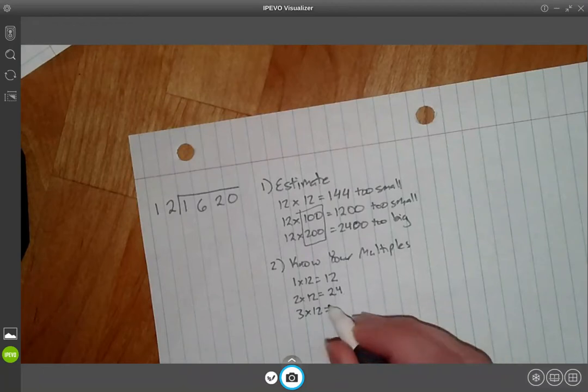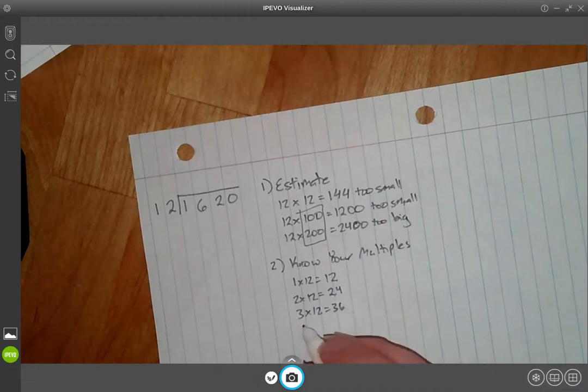So 24 plus 12 more would be 36. 4 times 12 would be 48. 5 times 12 is 60. And again, my multiplication table, if it's handy, then I'm going to just keep using that. And for now, I'm going to stop because that sounds like a reasonable amount of numbers. And if I need more, I will go get those later.